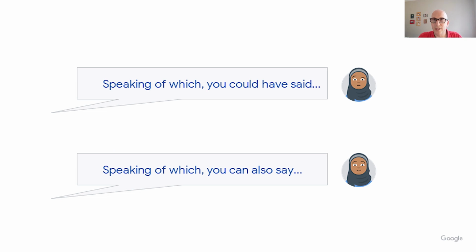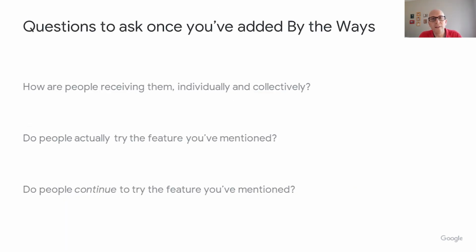The way the person said it is always right. We just need to figure out a way to tell them in a nice way that they might have been able to say something else, if that's what you're trying to do with your by the way. So another phrasing could be something like, and by the way, you can also say, and do sort of a yes and approach.